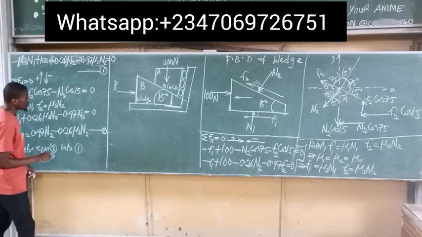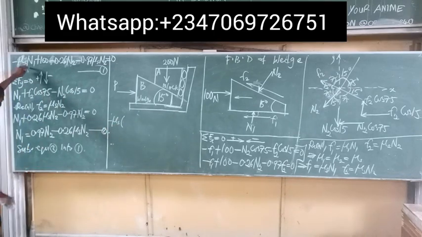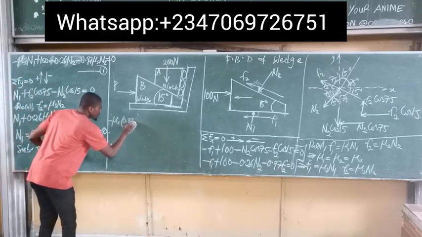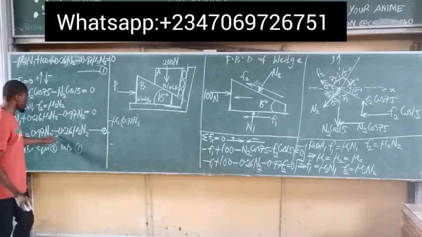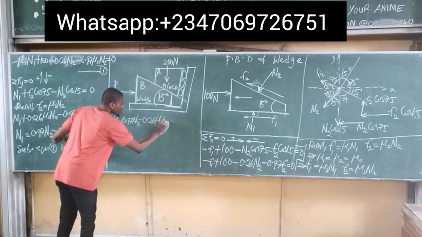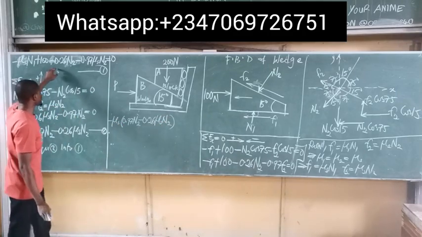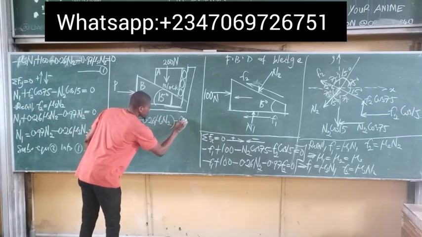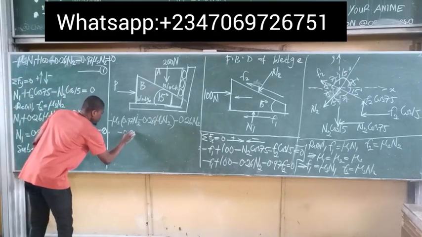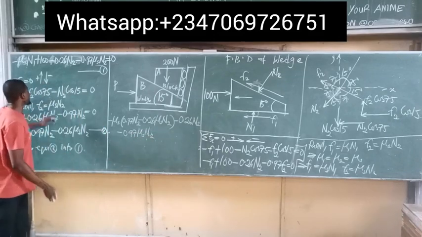We are simply going to have minus mu x in place of n1. n1 is simply 0.97 n2 minus 0.26 mu x n2, minus 0.26 n2, minus 0.97 mu x n2, then plus 100.